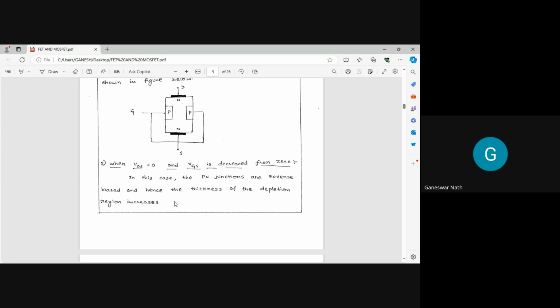Just see, when VDS is equal to zero and VGS decreases gradually from zero, the PN junction is reverse biased, and hence the thickness of the depletion region increases.